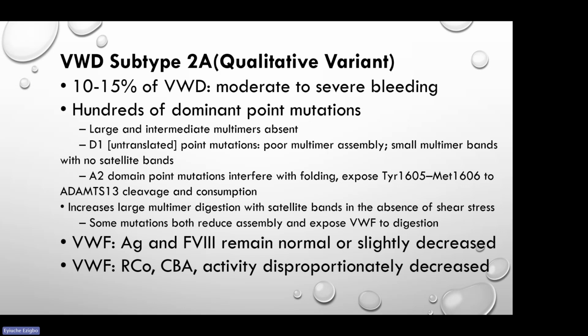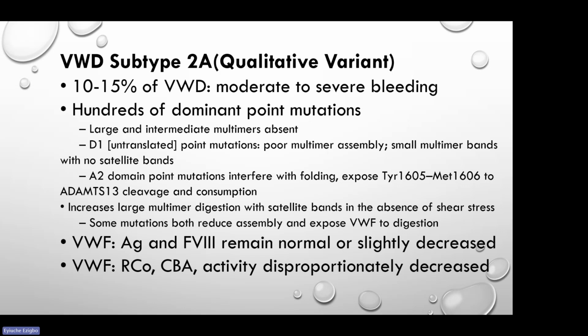Large multimer digestion is increased. A lot of von Willebrand factor multimers are being cleaved. The cleaving is what we call the digestion. So that when there is multimer analysis, you see small bands of the protein, that is satellite bands, in the absence of shear stress.